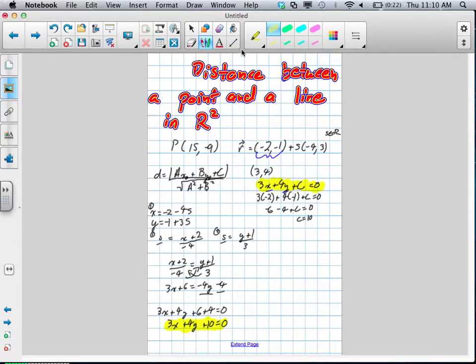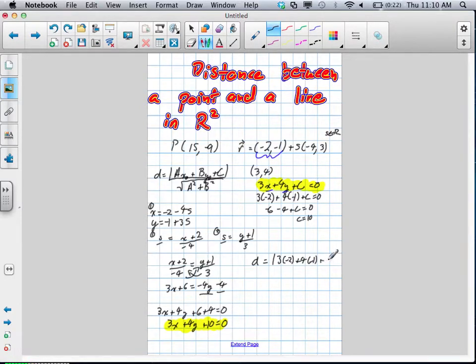So, once we have our Cartesian form, we just have to plug our values in. It'll be very quick from here. D is equal to the absolute value. Our A value is 3. Our x naught, which is a point along the line, is -2. Our B value is 4. Our y naught is -1.